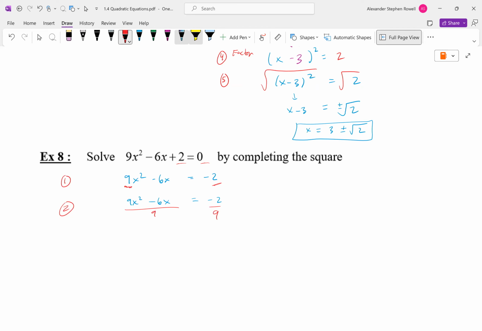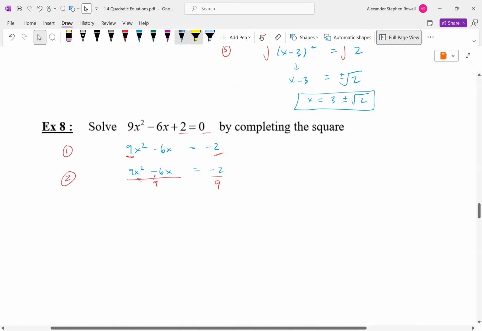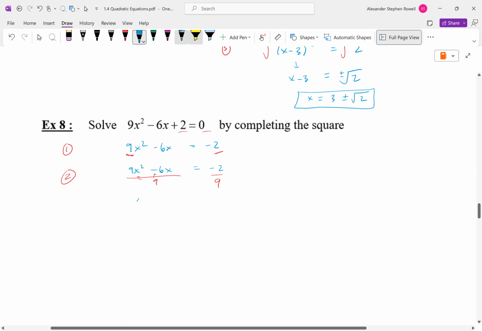Which I can split up and divide each term by 9. So what is 9x squared divided by 9? X squared, that's what we wanted, right? And then what's negative 6 divided by 9? Good, negative 2/3 x is equal to negative 2/9.